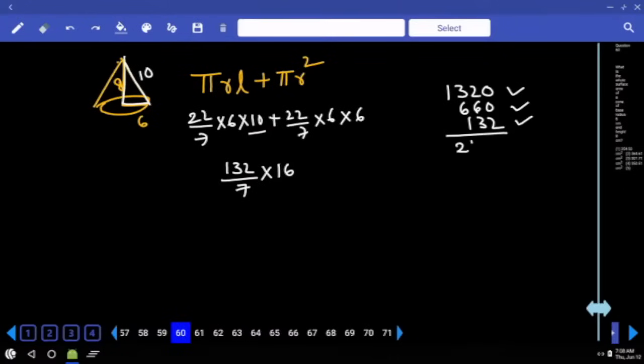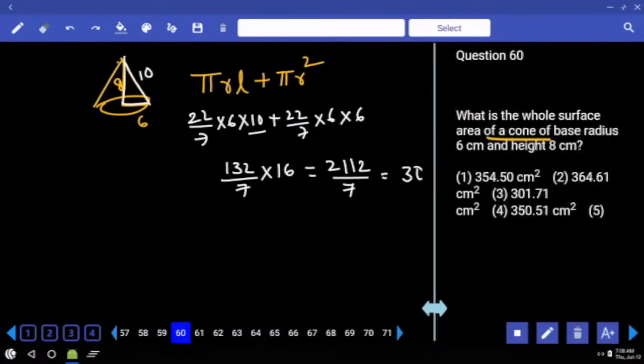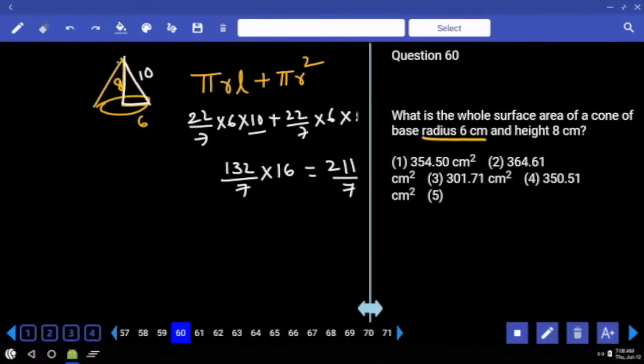Which is 2112 divided by 7. What is 3 times the denominator? 21. 300 times is 2100. Apart from 2100, we have only 12, right? That will be only 1 time. So the answer will be 301 point something. Go to the options. Third option.